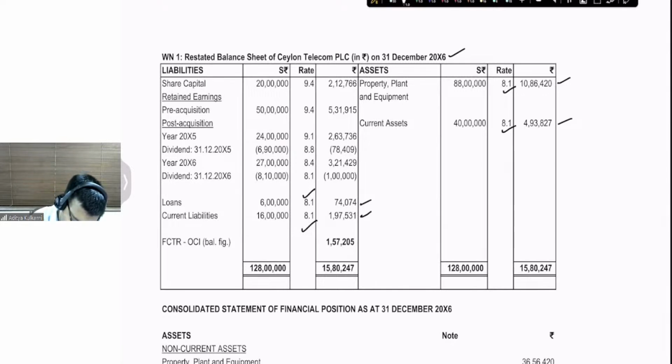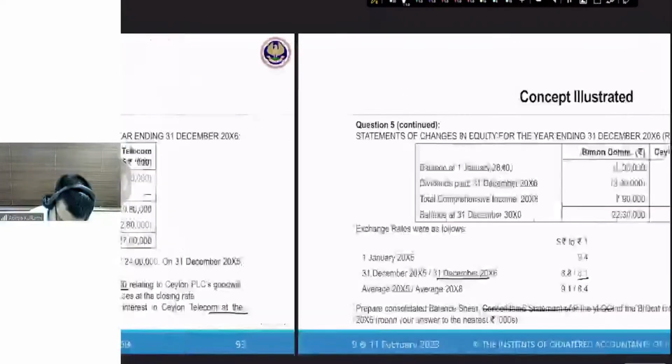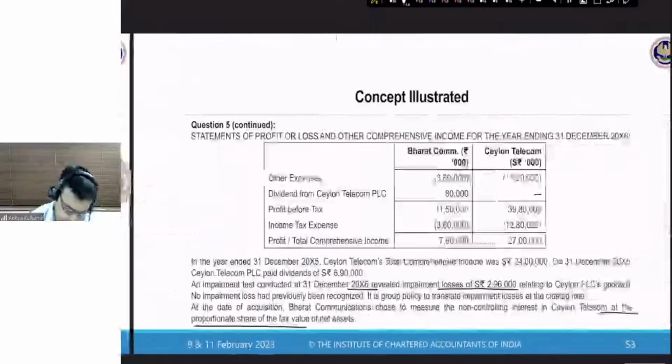Now we move on to the equity: share capital and reserves. So when did I acquire? Well, I have acquired on 1st January 20X5. Since I have acquired on 1st January 20X5, the share capital will be converted at the rate on the date of acquisition.